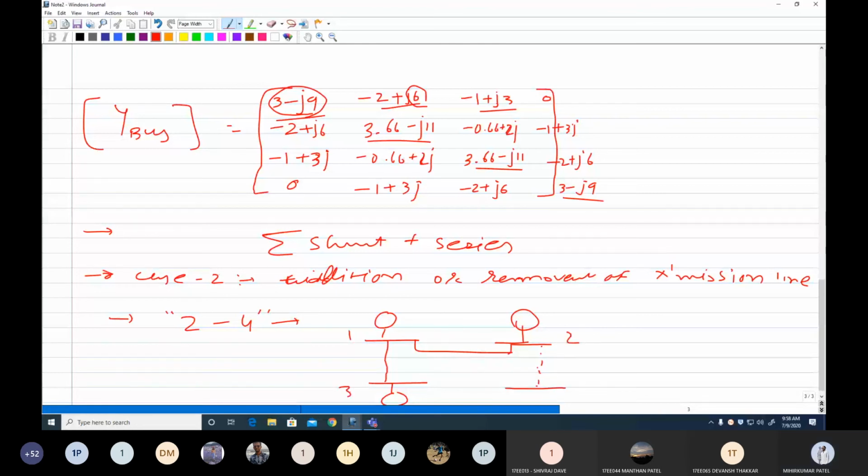But now, due to any reason, say there is an abnormal condition or due to a fault, this transmission line is disconnected from the network, and now you have to formulate the Y bus matrix for the same network. So what will be the change?